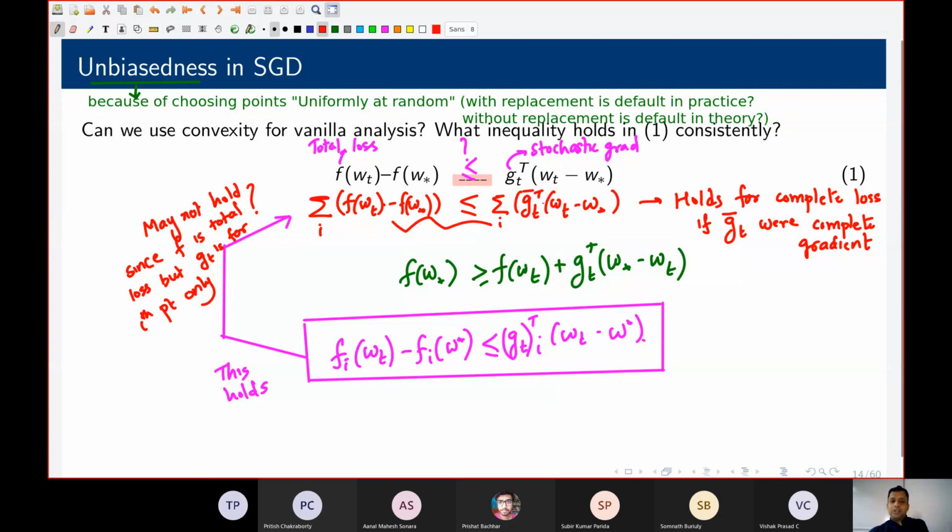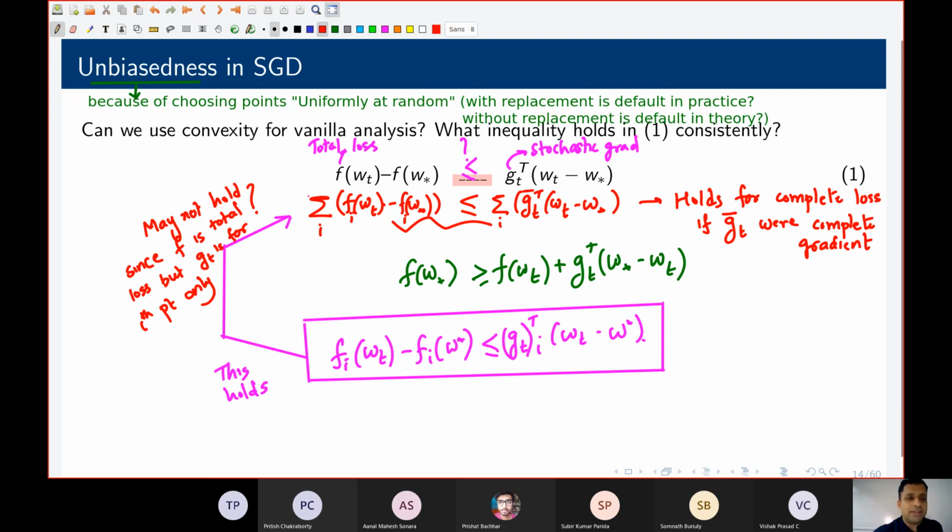Because here GT bar is for the complete loss, it holds for the complete loss if GT bar were the complete gradient. Here GTi is admittedly only for the ith point, and the loss here is also for the ith point. Is that clear? If you want, I can put an i index here also. Thanks for pointing that out. But GT bar is the complete gradient. Okay, can we proceed?